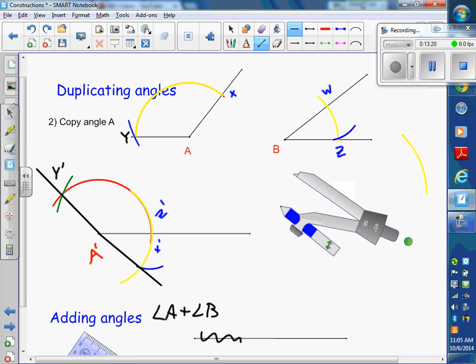And then how would you mark that? That's a little bit harder, but that's where a highlighter's kind of handy. You could say with a highlighter, this is angle A plus angle B. And then if I wanted to subtract angle B, instead of going down, I would have gone up.